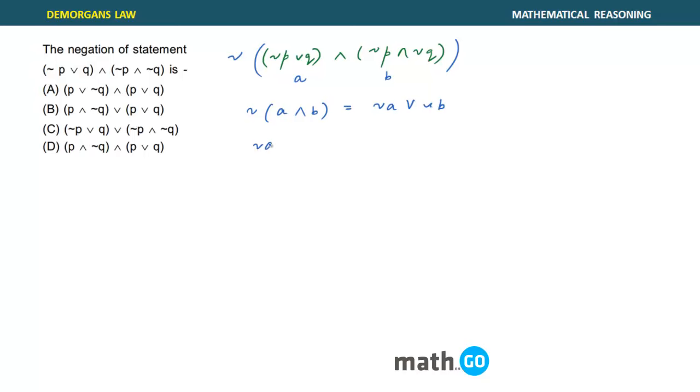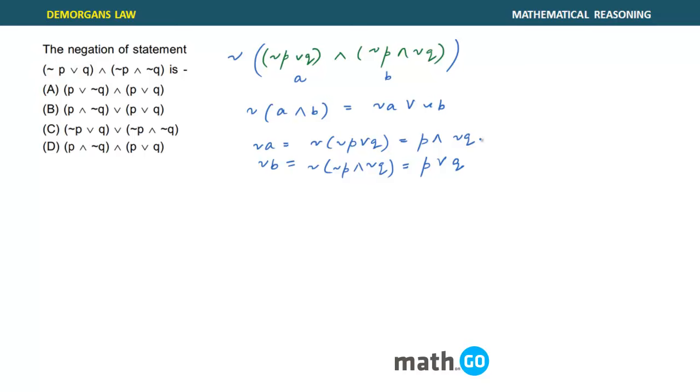So what is negation A? Negation A will be negation of negation P or Q. This is nothing but P intersection, or you can say and, negation Q. And what will be negation B? Negation B will be negation of negation Q and negation P. So this will reduce to P, sign change, and Q. This is your answer.